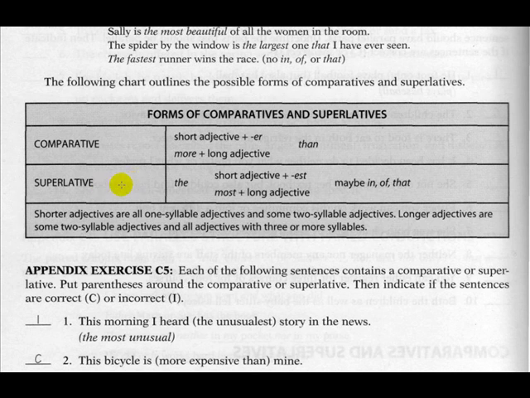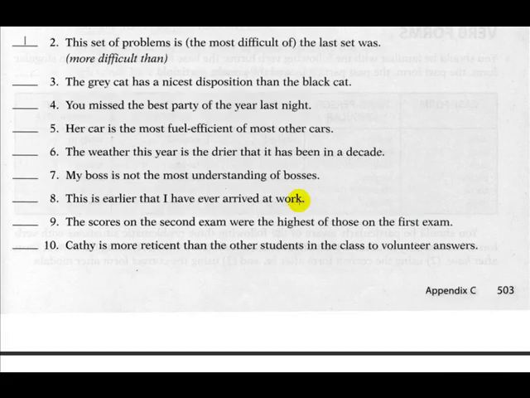And here we have the superlative, and since early is a one-syllable word, with the short adjective we would add EST, earliest, and that would be the word we use with that. So that sentence essentially is incorrect. So we would say, this is the earliest that I have ever arrived at work.